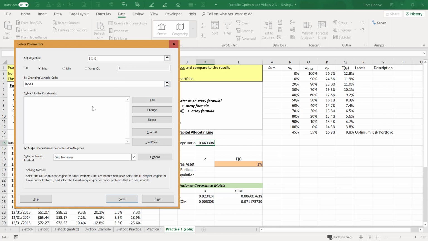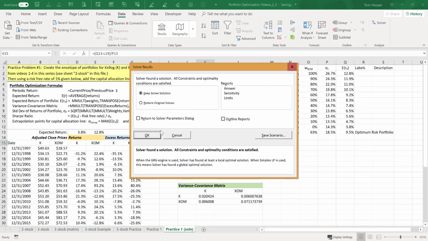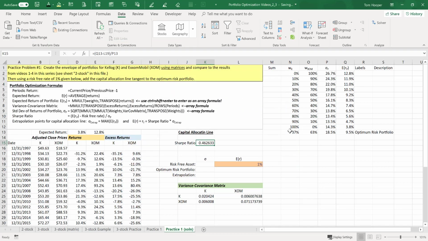And we don't have any constraints at all because, again, we don't need to make sure these sum up to 100 because of how we wrote that formula as 1 minus that number. And we don't have any particular return in mind. We just want to find the one that maximizes the Sharpe ratio, so we'll hit solve. And it looks like about 37% in Kellogg and 63% in ExxonMobil maximizes the Sharpe ratio.